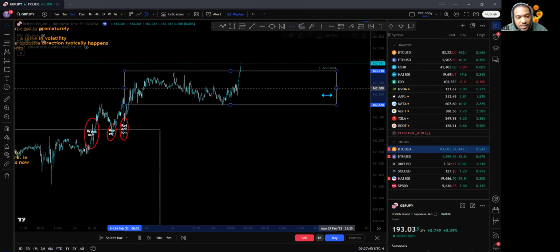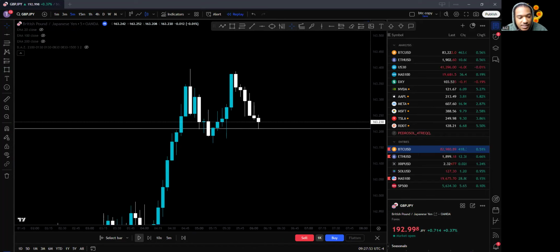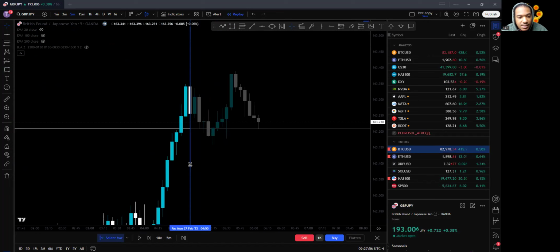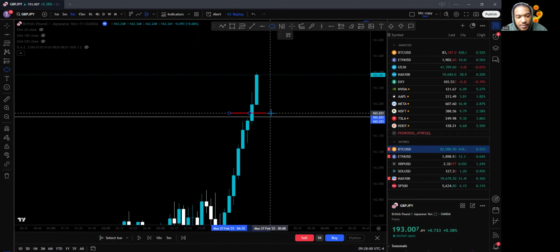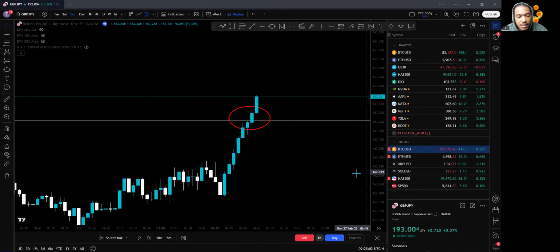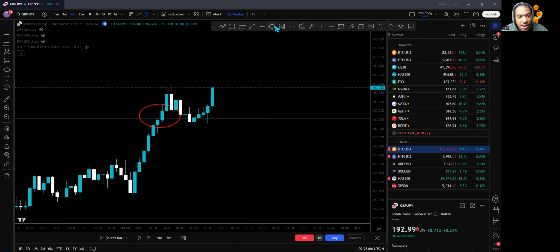We got a breakout. We got the breakout. We got a retest right afterwards.